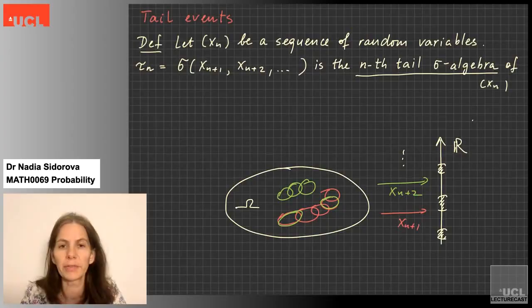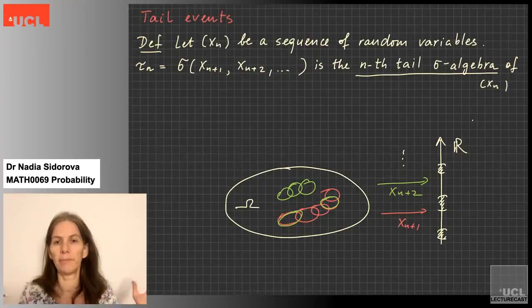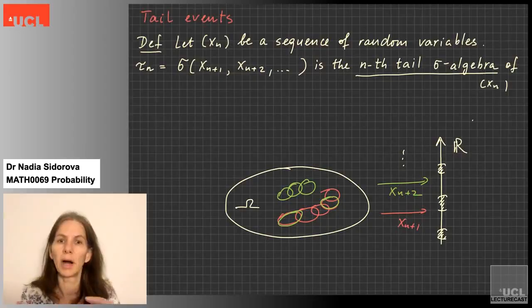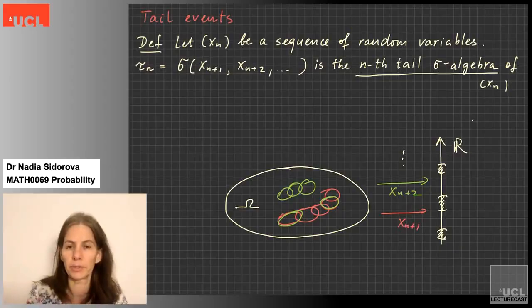So this gives me a bunch of sigma algebras, and I mix them all together. So I take the union of those sigma algebras. Unfortunately, this is not immediately a sigma algebra, because the union of sigma algebras is not a sigma algebra per se. And therefore, I take the smallest sigma algebra generated by the union of all those sigma algebras.